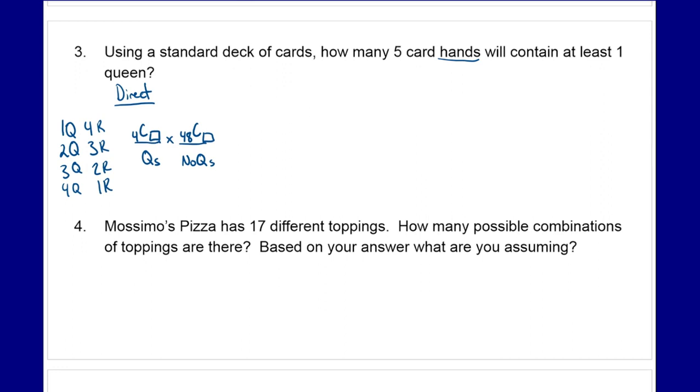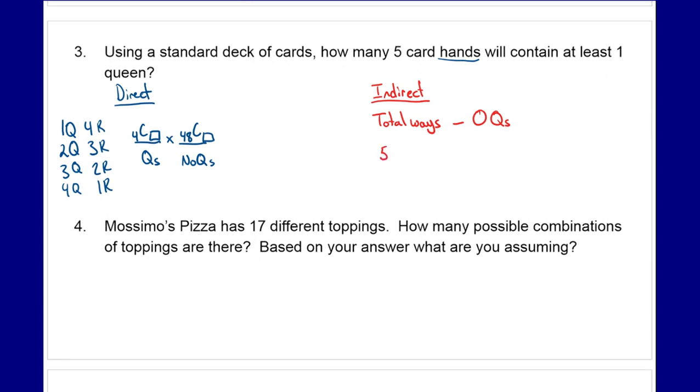Now we could do the indirect as well, which would probably be a little bit shorter. It may not necessarily be easier depending on how you understand the question, but it would definitely be shorter. So the indirect looks at the total ways of completing this scenario without any restrictions, just in general, what are we doing? Minus the impossible or the complement. So the opposite of at least 1 queen would be 0 queens.